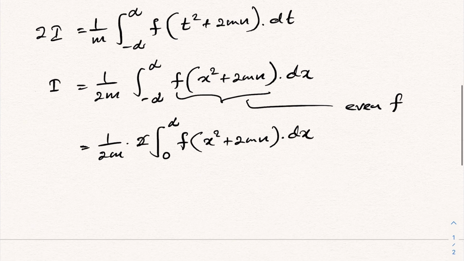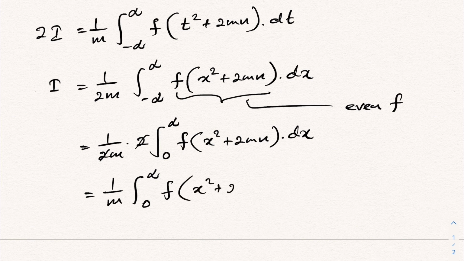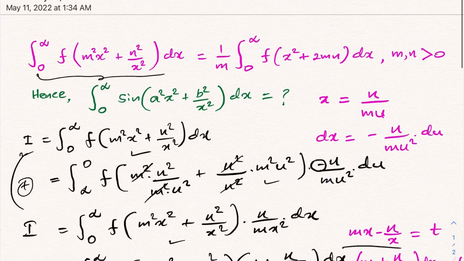So these two get cancelled. So we have 1 over m times the integral from 0 to infinity of f of (x square plus 2mn) dx. Okay, we are done. This is the right hand side of our integral formula.